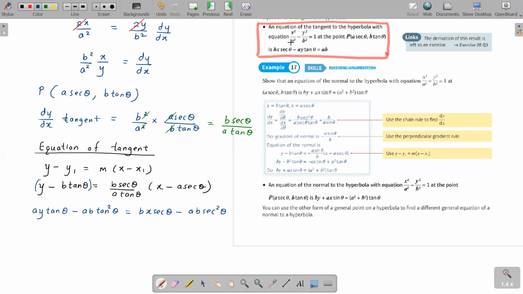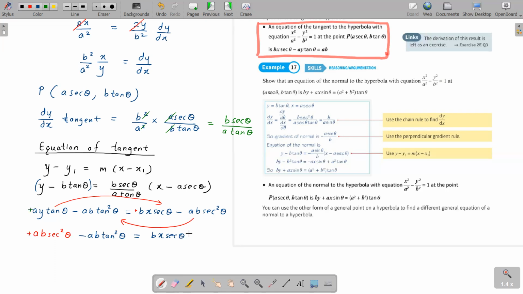So when I look at the show that, the bx sec theta minus ay tan theta, can you see? bx sec theta is positive, ay tan theta is negative, which means according to what I got, bx sec theta is positive here. I should take the ay tan theta to the other side, and this unwanted term I'll take here. So minus ab sec square theta comes here as plus ab sec square theta. This side you are remaining with minus ab tan square theta. The other side we have bx sec theta coming here.